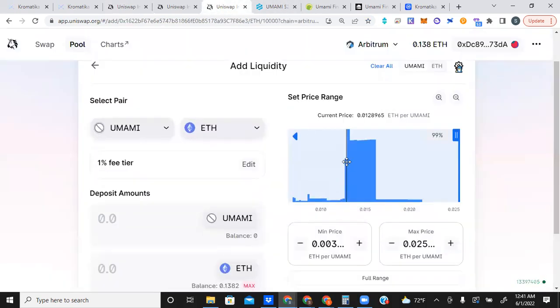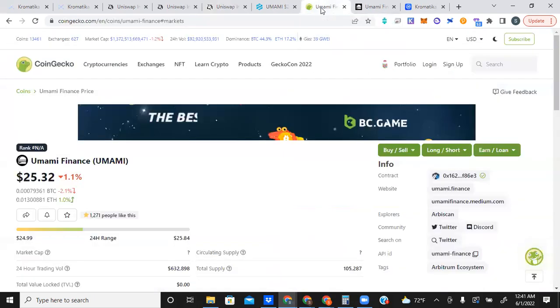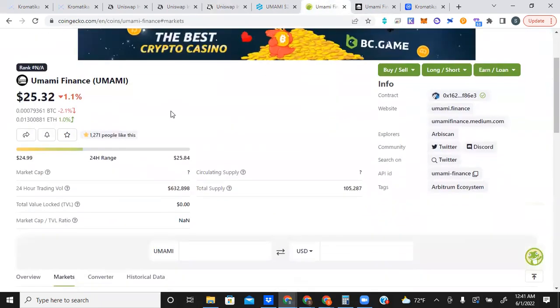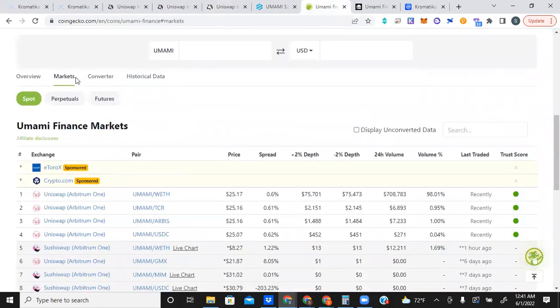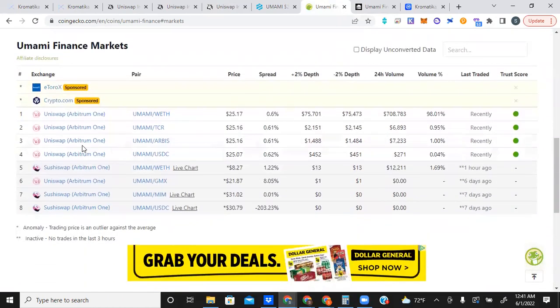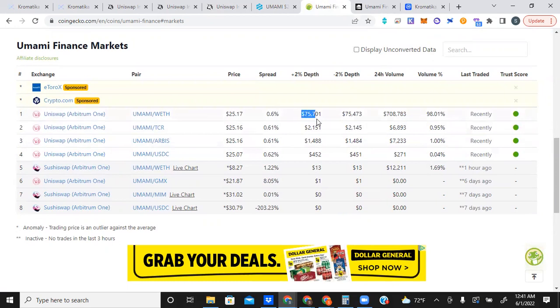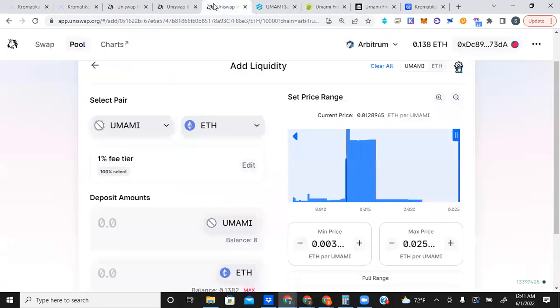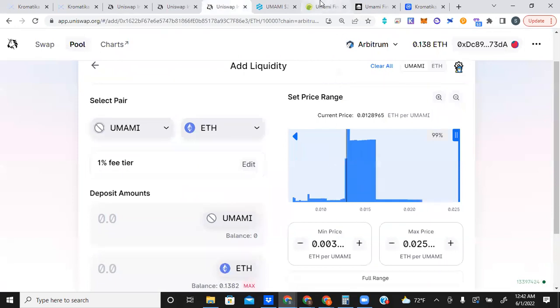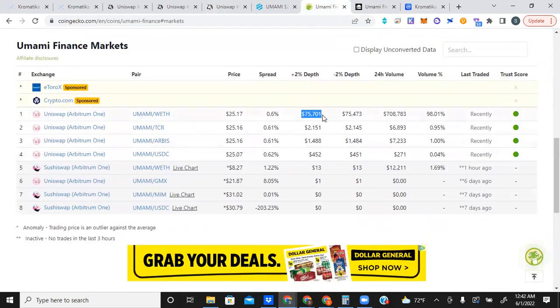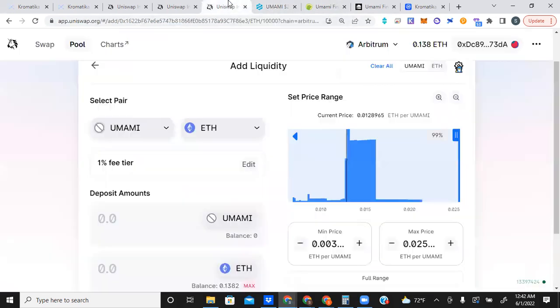So we don't know how much is here, but what you can do is go to CoinGecko or CoinMarketCap. You can go to the markets tab, and if you go to the Umami ETH pair, you can see the depth. And this actually tells you how much is in that liquidity pool. Because each one of these tabs is a 2% range, there is $75,700 in this 2% range right here, right?